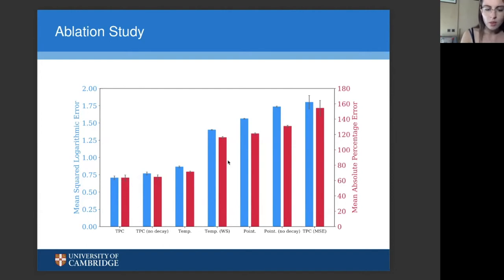The next one to show is the temporal network again, but it has weight sharing. So this time, instead of modeling the features independently from each other, I then force the model to use the same processing for each feature. And this is actually the more common implementation of temporal convolution.